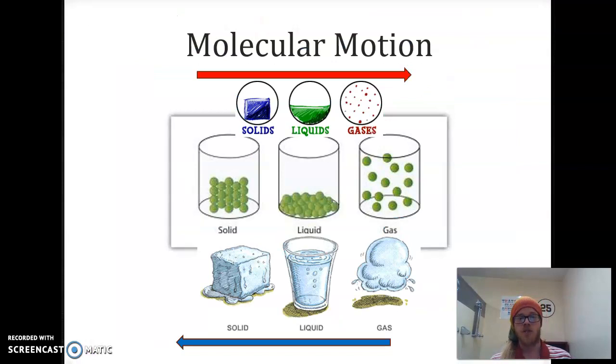All right, so we go from solid to liquid to gas. We can also go from gas to liquid to solid, right? As the molecules speed up, we go from a solid to a liquid. They speed up a little bit more, they become a gas. Think about putting an ice cube in a pot on the stove, right? It starts as an ice cube, it's solid. As it starts to gain energy, those molecules start to move a little bit more.